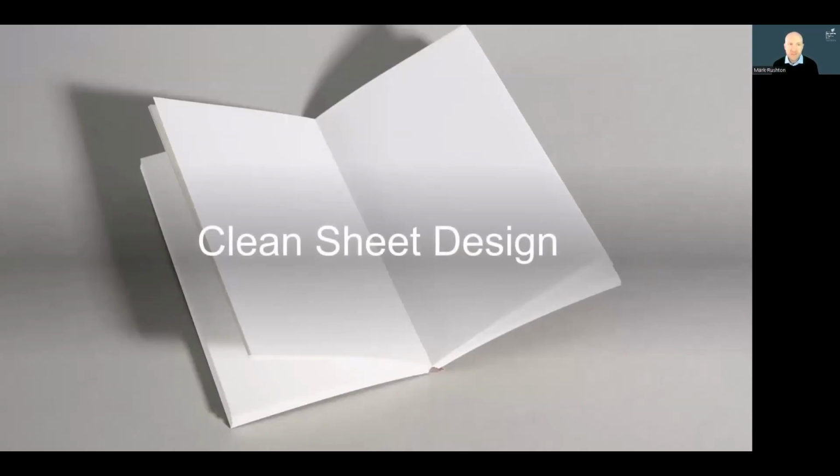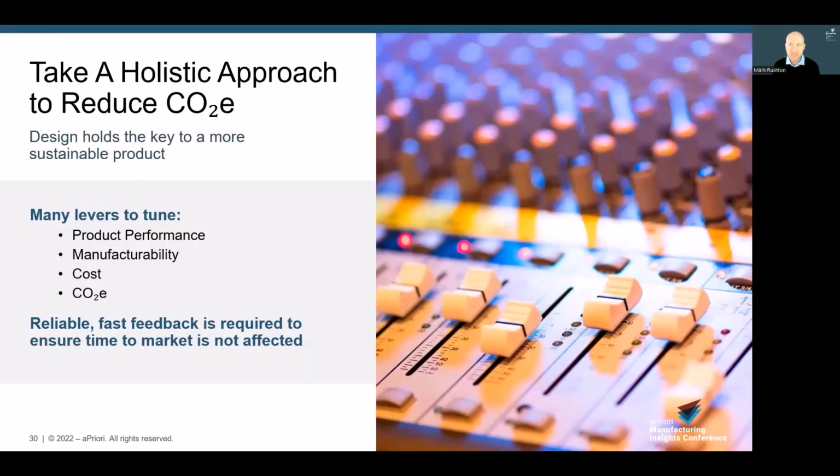So if we start at design, start with a clean sheet, that's really where we're going to have the most success when it comes to getting the right balance between cost and carbon. Really, we want to take a holistic approach in order to do that. So design holds the key to a much more sustainable product. And the way I like to think about it is a mixing desk in a recording studio. Every lever that you change, all of the dials, they're giving instant feedback.